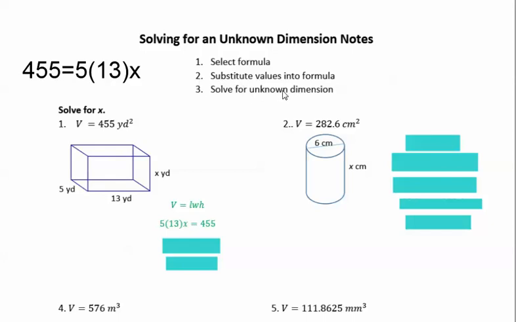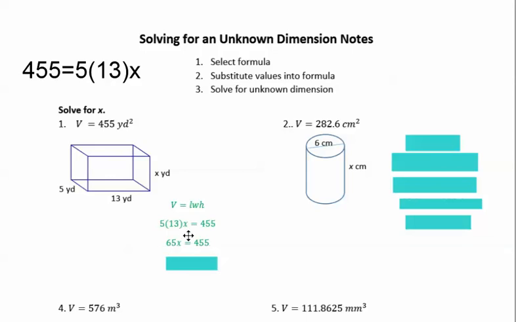So after we substitute those values, we're going to solve for X, our unknown dimension. The first step in solving for X here is do 5 times 13. 5 times 13 is 65. So now we have 65X equals 455. And now we want X by itself. What do we do to both sides?